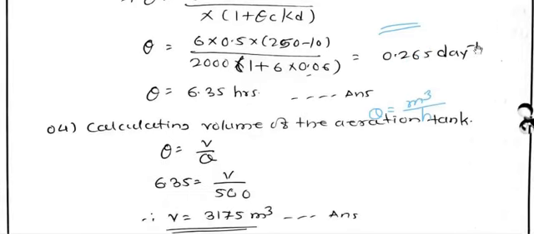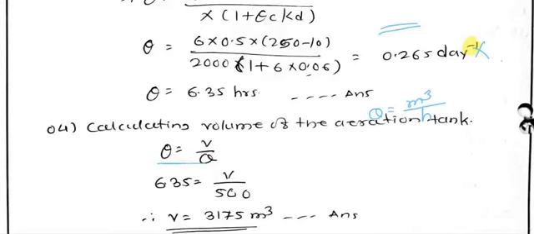Okay, so this is a day. I wrongly wrote it, it is the inverse, it is per day. So we can easily calculate the volume, and we get it in terms of meter cube. So we use this formula to calculate the volume.